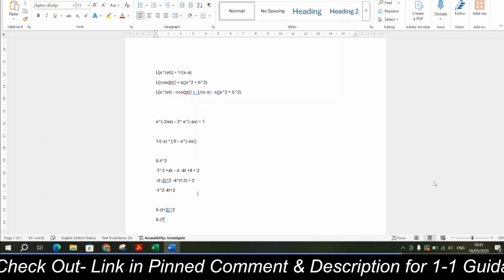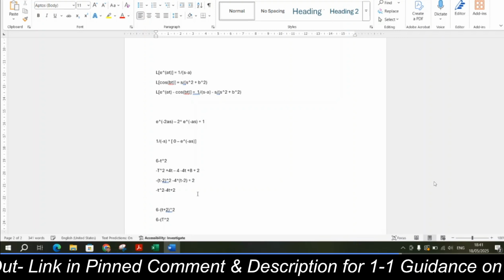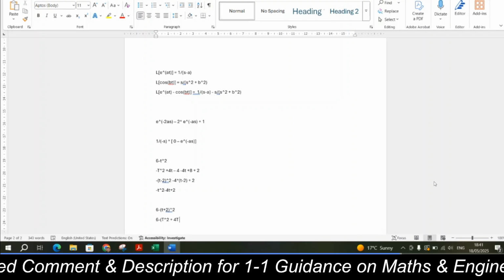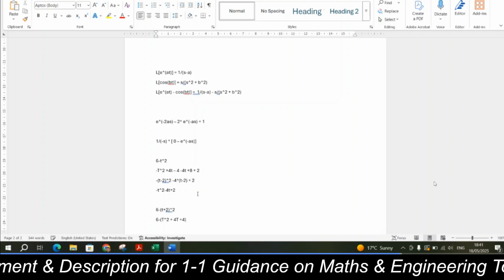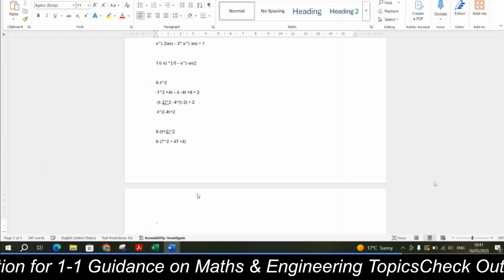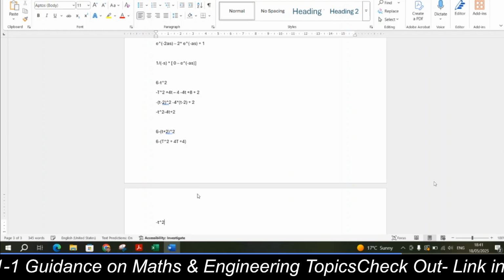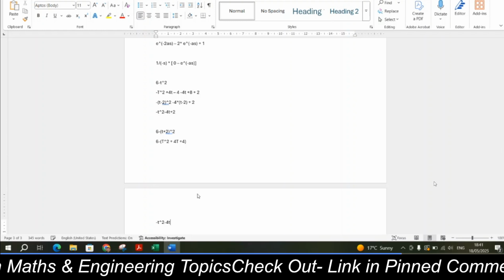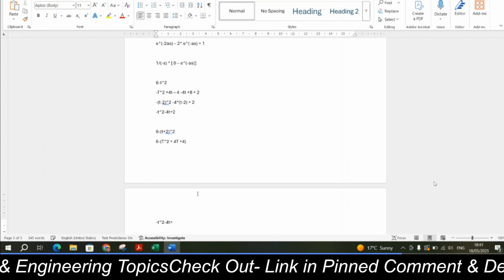Let's try to simplify this. 6 minus bracket t plus 2 the whole square. Let's simplify. What do I get? 6 minus, I'll keep the bracket as it is. t plus 2 the whole square is t square plus 4t plus 4.